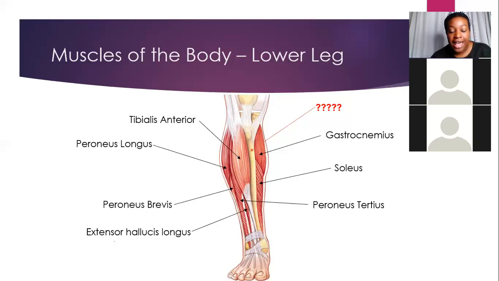And this one helps you with walking and running. Next, you have your gastrocnemius, which I've just said is your calf muscle. And this again helps you to point your feet downwards. If you point your feet downwards, you can feel that muscle at the back of your leg relaxing and contracting.